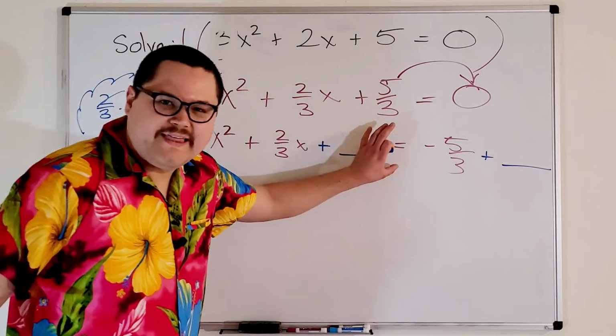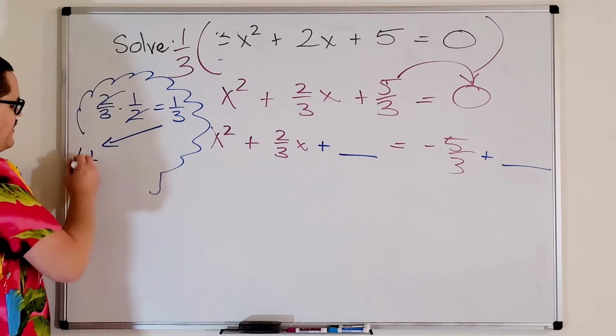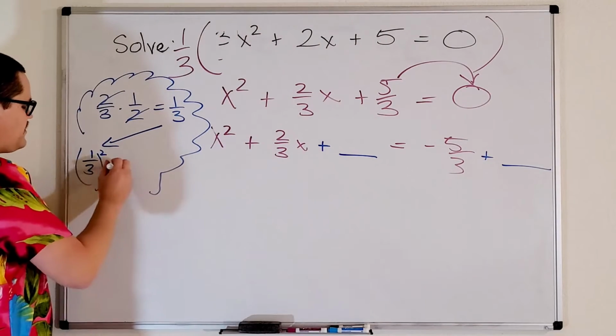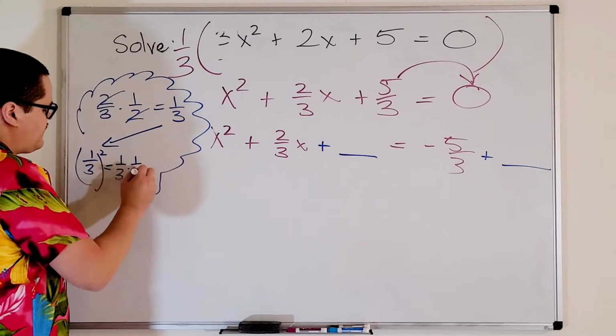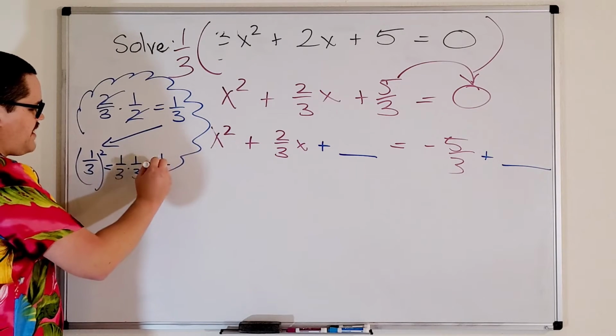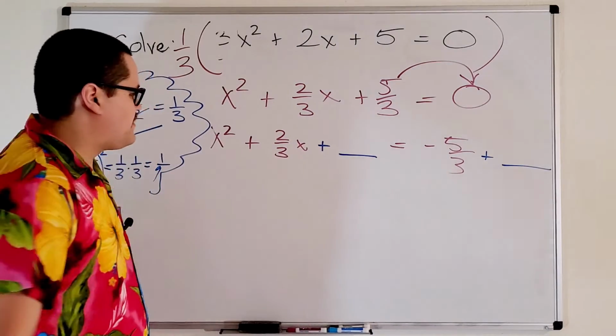Now we don't put that there. We take this 1/3 and we square it. So 1/3 squared is just 1/3 times 1/3. And you can multiply across. 1 times 1 is 1, 3 times 3 is 9. So that's 1/9. And that's what we put in these blanks.